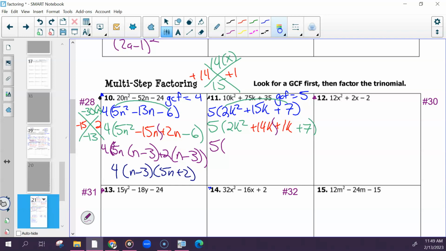What do those have in common? Say that last part again. We divide those two by 2k. What's left?